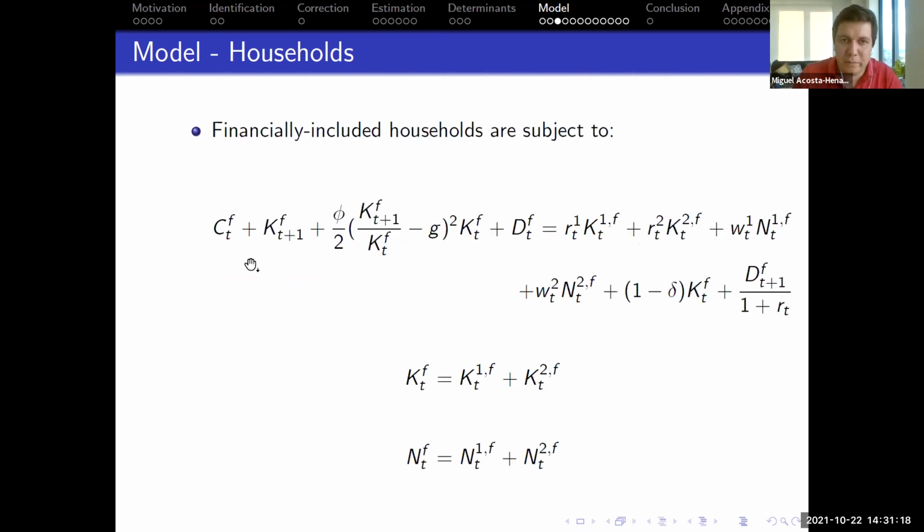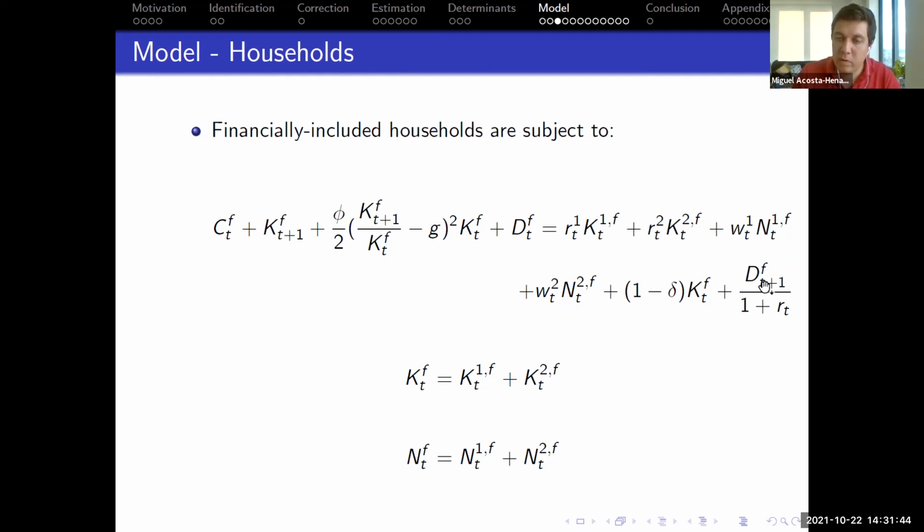Financially included households can either consume or invest. When they invest, they have to pay the typical investment adjustment costs and also depreciation. If they borrowed before, they have to pay that foreign debt. Their income comes from capital lent to either sector one, which is final goods, or sector two, which is commodities, and from working in both sectors.